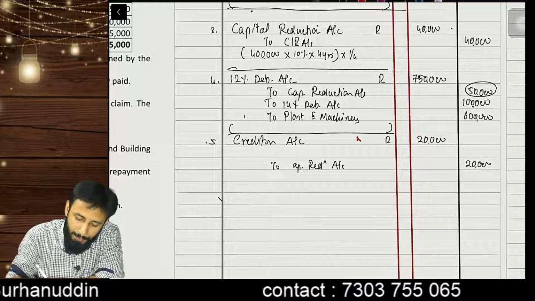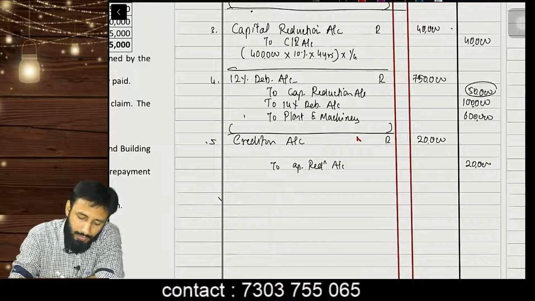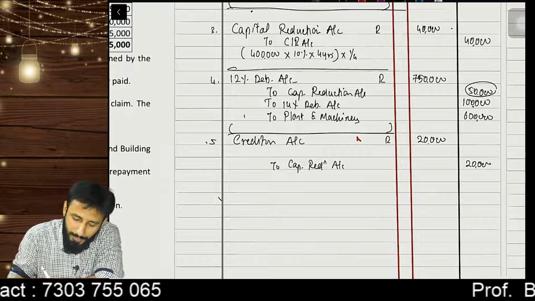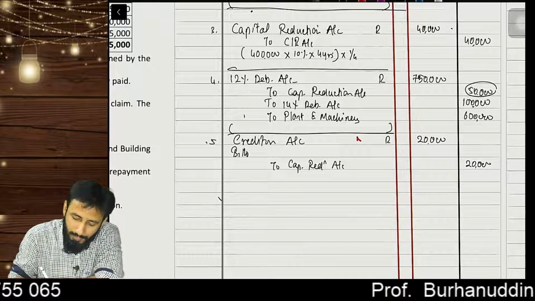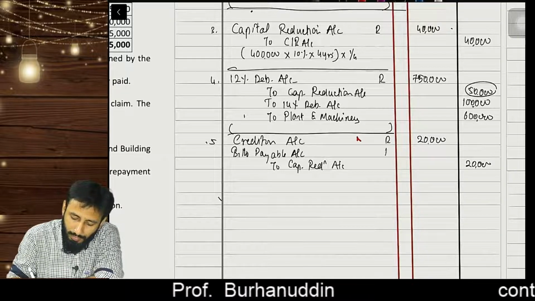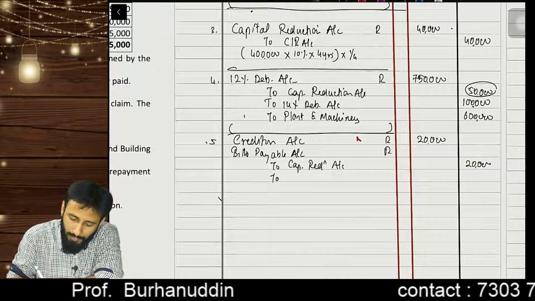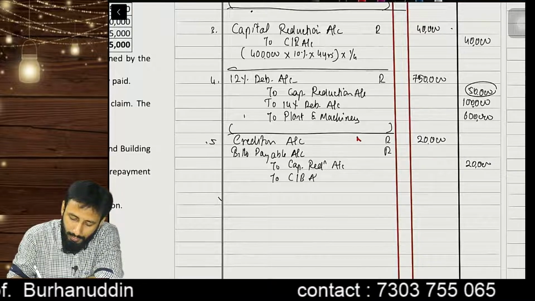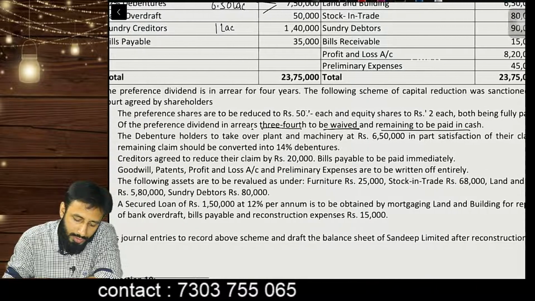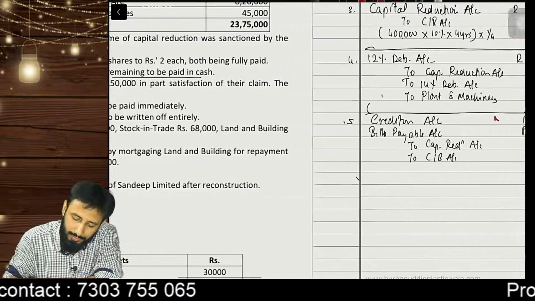And I'm paying bills payable immediately. The amount of bills payable I'm having in the question is 35,000.